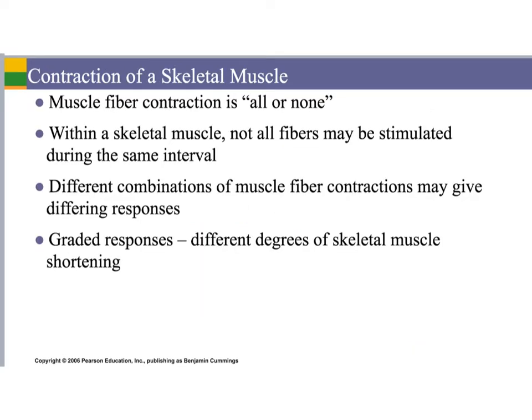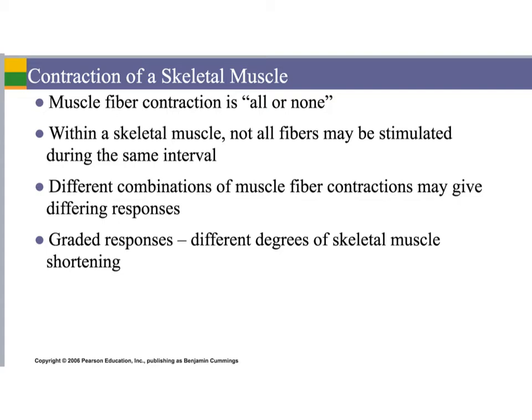So moving on today, we're going to talk about the contraction and how the intensity of the contraction is controlled. So you need to know that muscle fiber contraction is all or none.